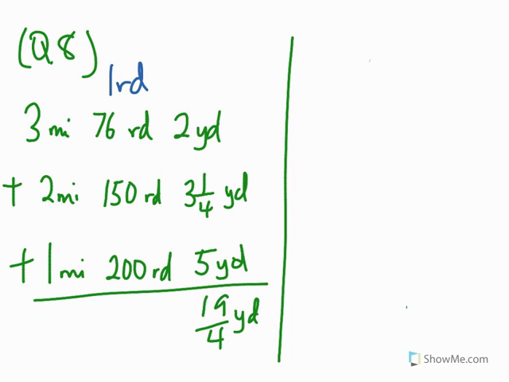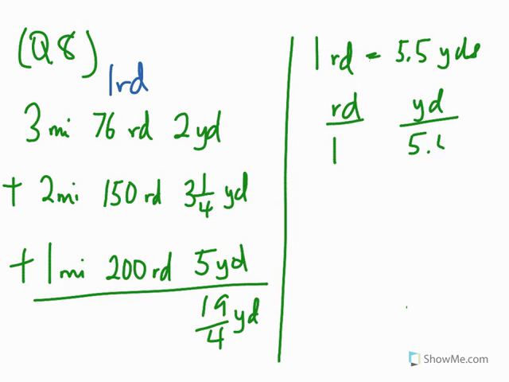I say that one rod is 5.5 yards. Of course, I have rod and yard. 1 here, 5.5, and then when I add up everything, I had 10 1/4 yards. So 10 1/4, and I have x here. So my 5.5x will be 10 1/4, right?